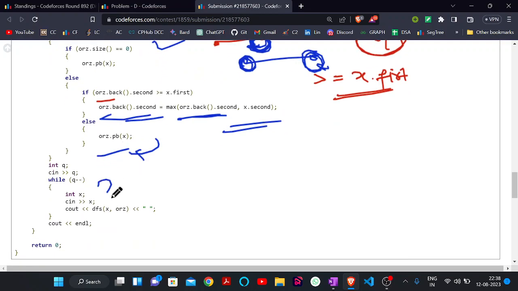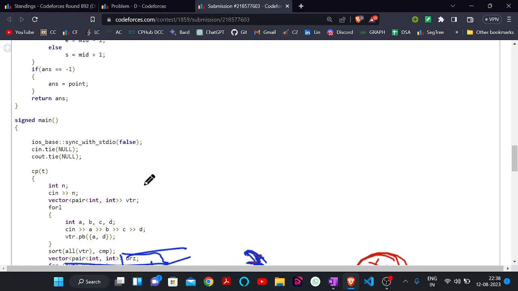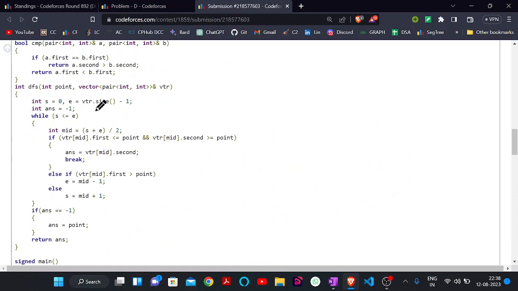After that, I'm taking the queries, for every point. Then I'm calling a function containing that point and the non-overlapping segments. In that one, I'm using a binary search where i is equal to 0 and j is equal to the size minus 1.